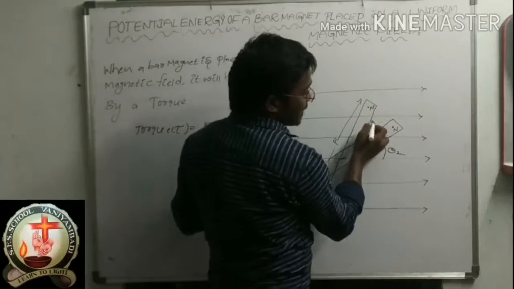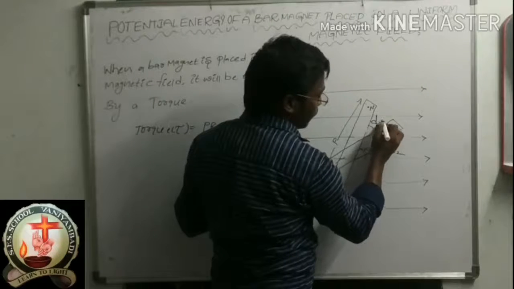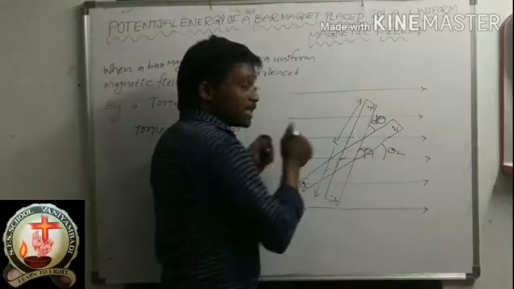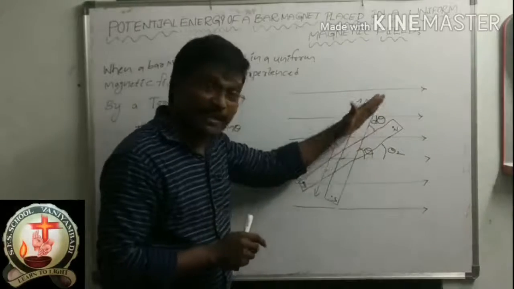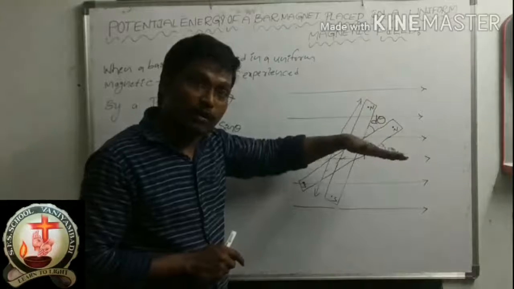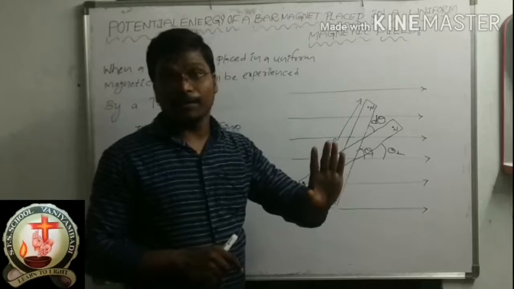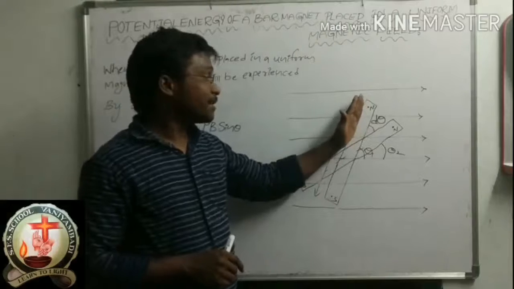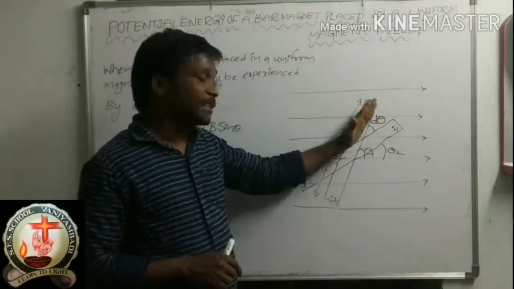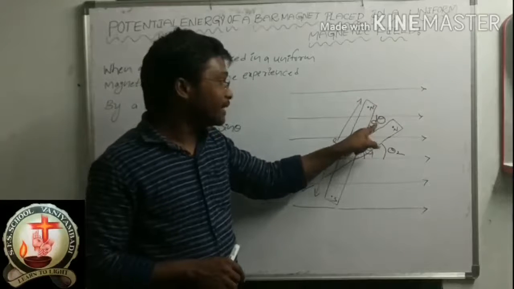So the displacement is d theta. How much is the magnet displaced? d theta. The magnet is rotated, displaced by d theta.